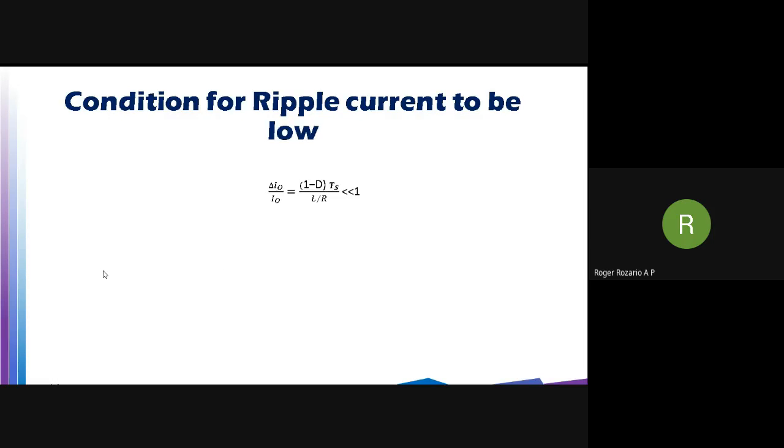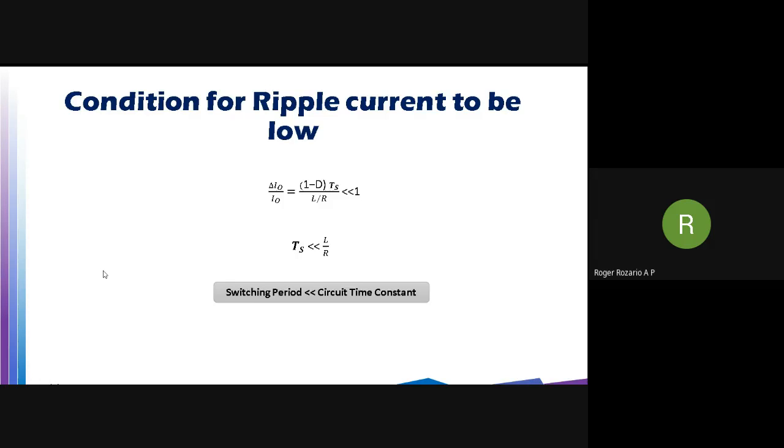What is the condition for ripple current to be low? The switching time period should be less than the circuit time constant L by R. If you want your DC-DC converter efficiency to be close to unity, you want to avoid this ripple current.